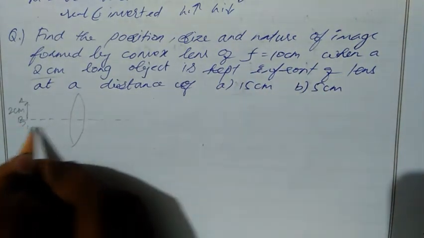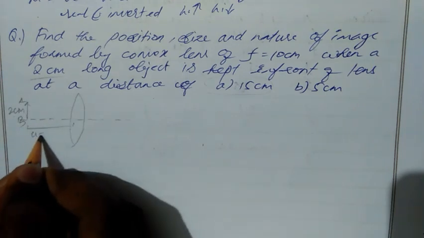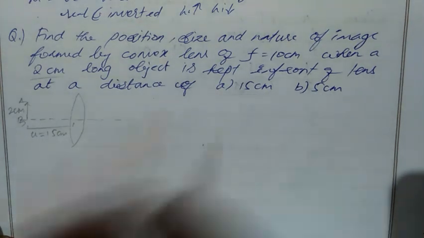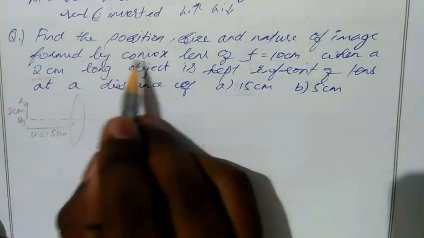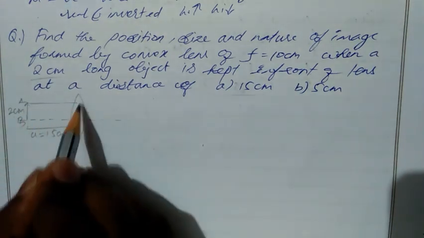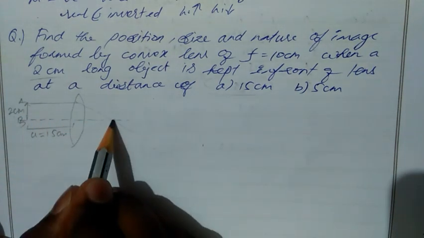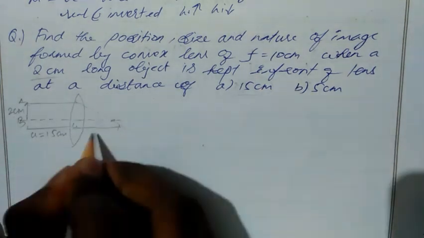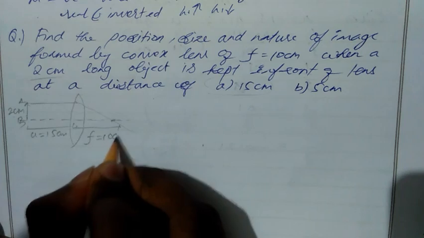So first we take this distance is 15 cm. Then we have to take this distance as 5 cm. And focal length of convex lens. For convex lens, focal length comes right side, correct? For convex lens, focal length comes here. So focal length is given as 10 cm, f equal to 10 cm.